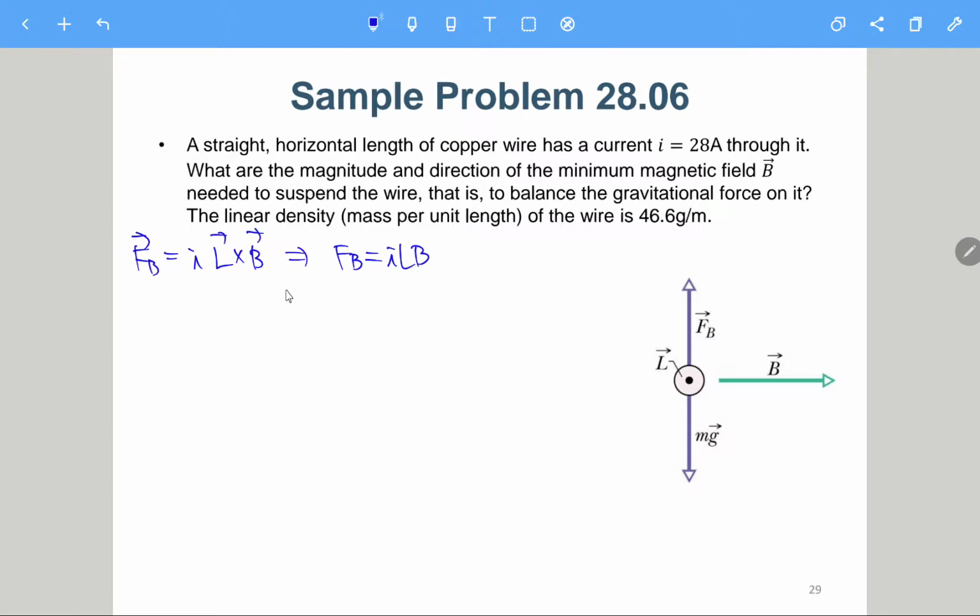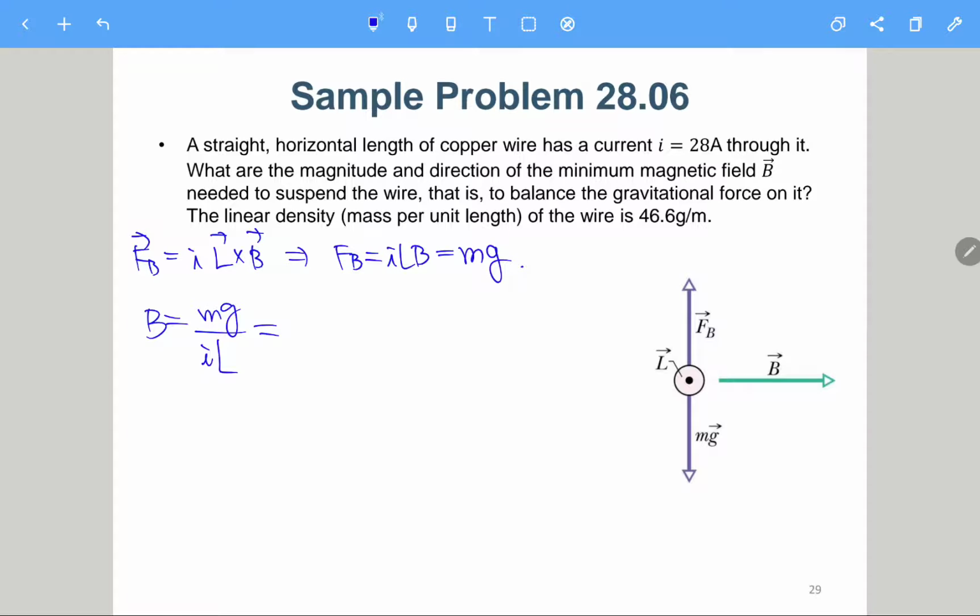And so FB is this value, and this is equal to mg. So we can have B equals mg over IL.